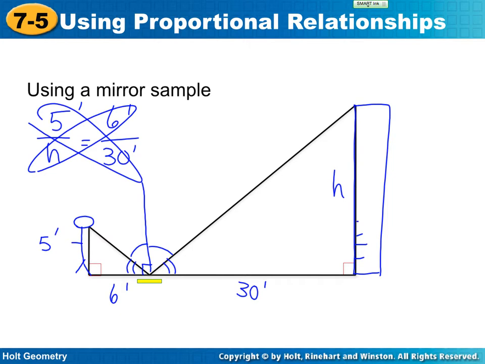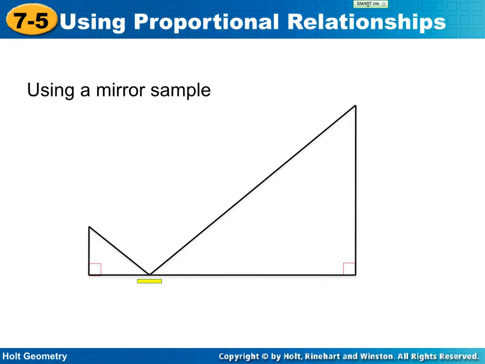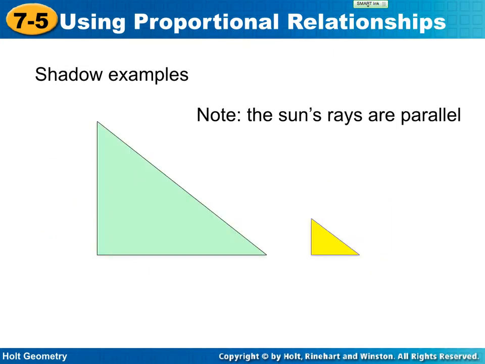Right, another type is, that time it worked nicely, shadows. We can use shadows to set up right triangles. This might be an example of finding the height of a tree, something like that. Okay, so let's make a real skinny tree here. And it's going to be measured at a perpendicular height.